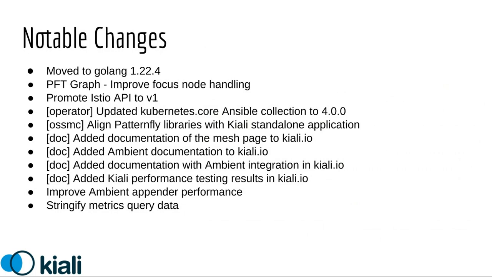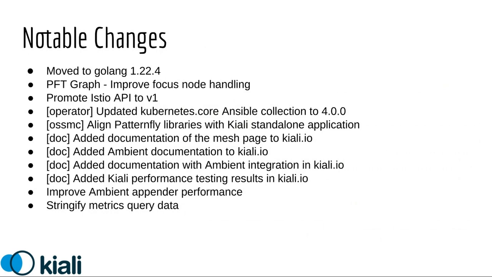On the console plugin, aligned Patternfly libraries with the Kiali standalone application, and we have added a bunch of documentation on Kiali.io about the mesh page, ambient, and added the Kiali performance test results there as well. Also, we improved ambient appender performance, and metrics query data is stringified.